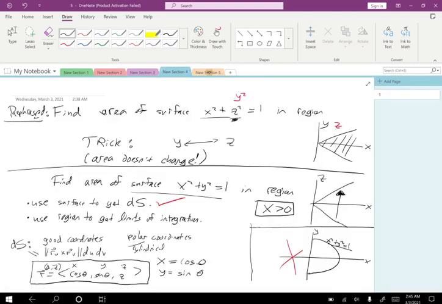So in our coordinate system, polar coordinates, let's go back to this xy diagram here. Our x, if we use theta, our theta is this angle, then our theta ranges from pi over 2 to negative pi over 2, clearly.